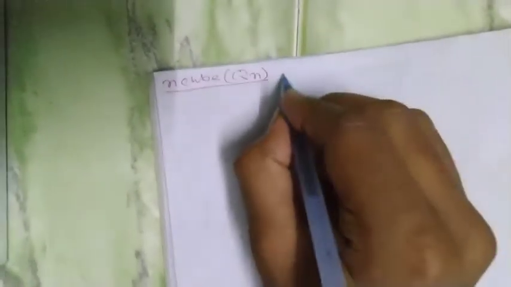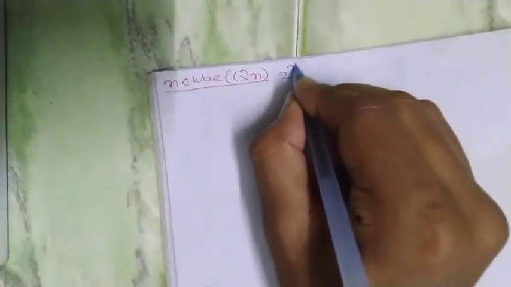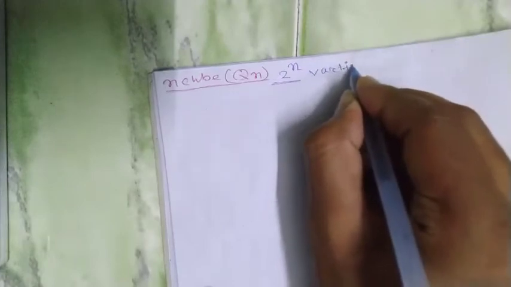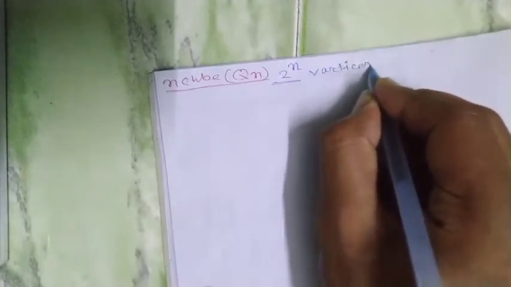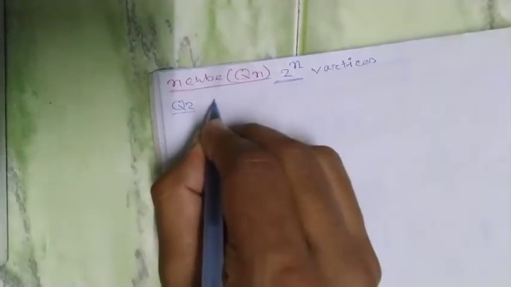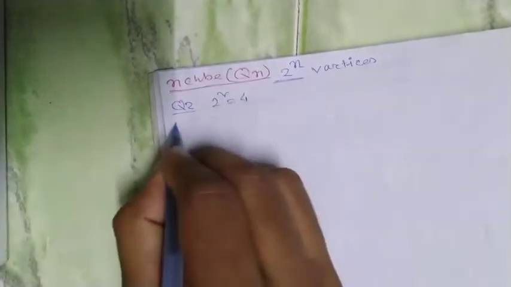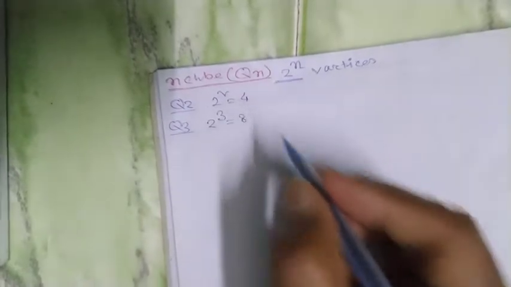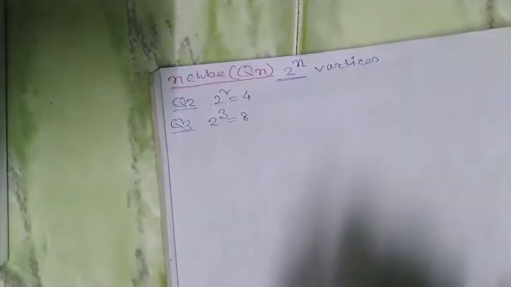So this graph is very special, and it contains 2 power n number of vertices. Like if we are discussing Q2, this has 2 power 2, that is 4 vertices. Q3, that is 2 power 3, 8 vertices.